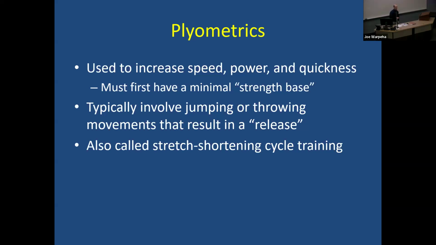You were releasing from the ground in a jump. Some of you have probably done more upper body related plyometrics, things that involve throwing something as high as you can or as far as you can. That's very much a plyometric action, but it involved a release, releasing the ball from the hand, for example.